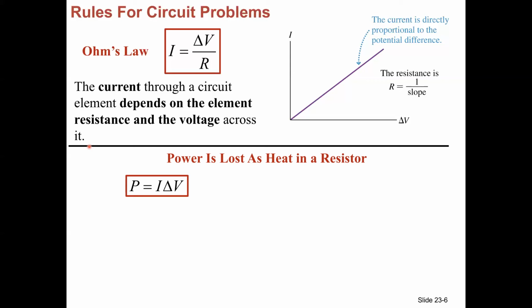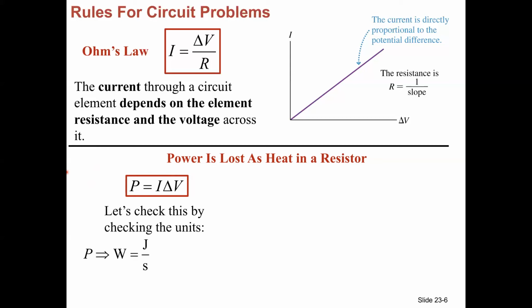And if you want to figure out how much energy is lost per second for a resistor with current going through it, if you know the voltage change or the energy change across the resistor and the current through it, I'm just going to state that the power lost is going to be the current times the voltage. I'm not going to really derive this, but just to justify this for you, the units of power are watts, which is joules per second.